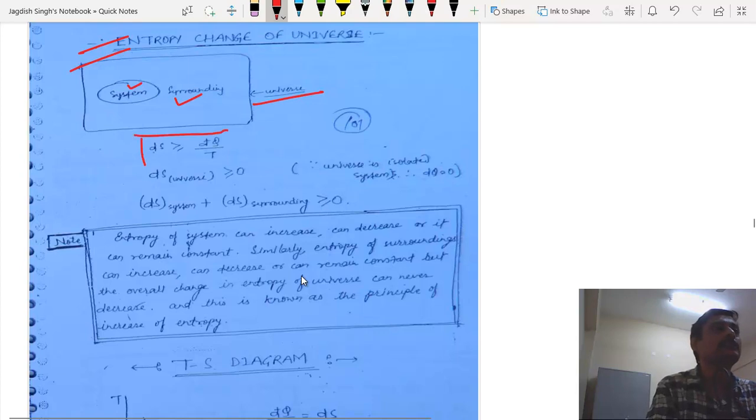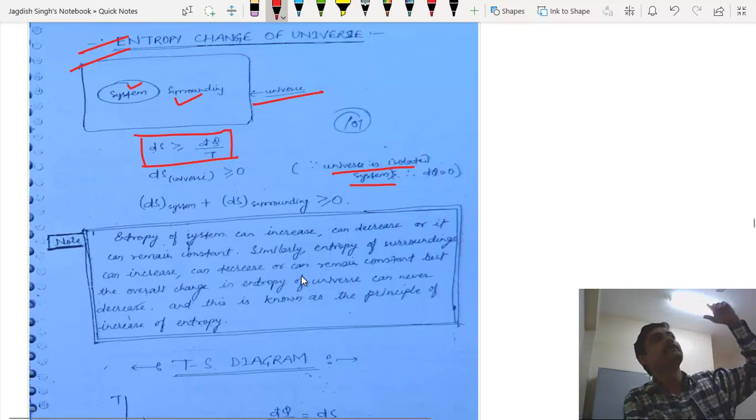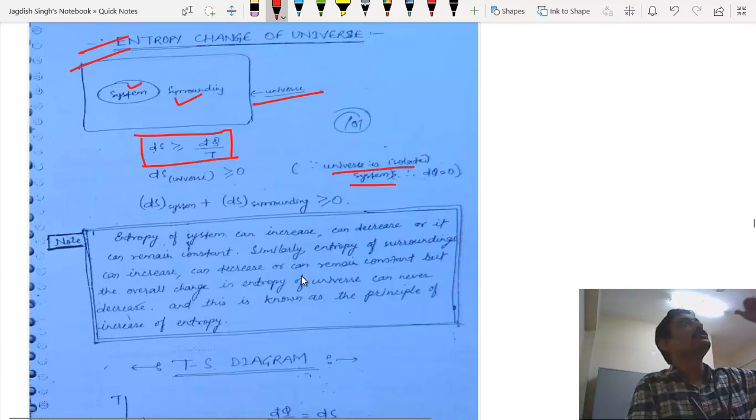In this equation we know that dS is greater than or equal to dQ by T. Since our universe is an isolated system, this is our assumption, there is no heat exchange between our universe and the place from where vacuum starts, right?